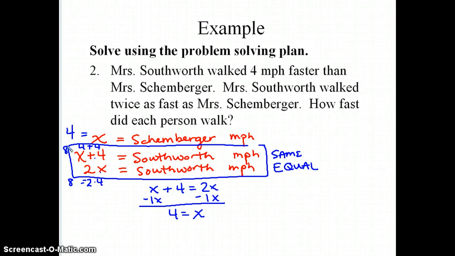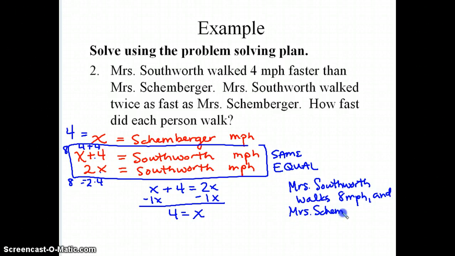So my answer would be Mrs. Southworth walks 8 miles per hour, more like a run, and Mrs. Schemberger walks 4 miles per hour. That concludes this lesson.